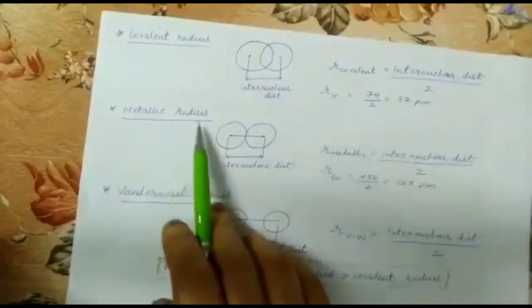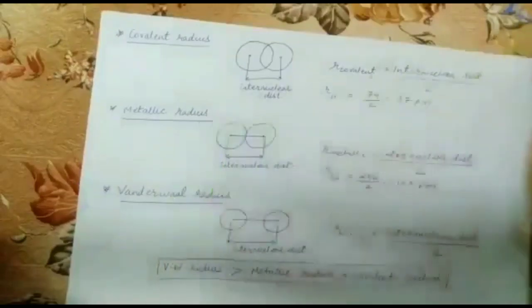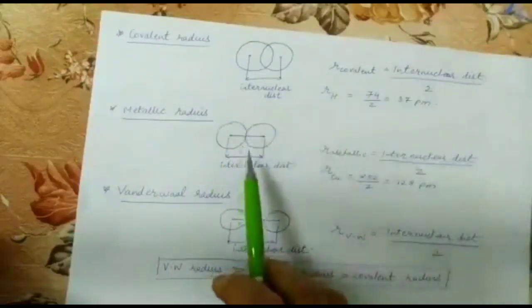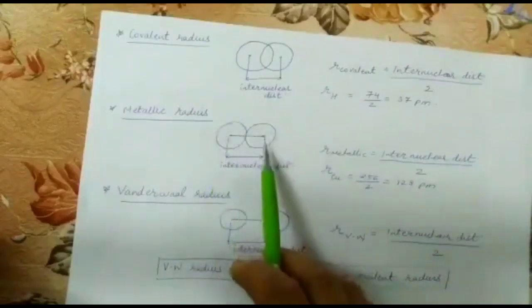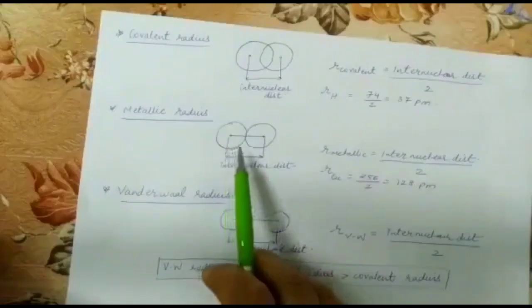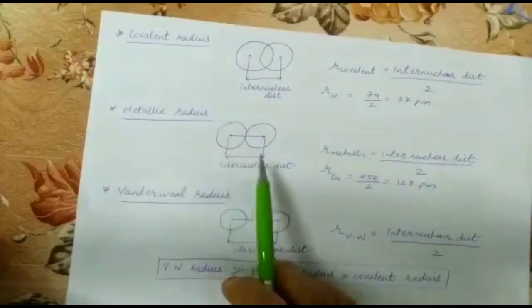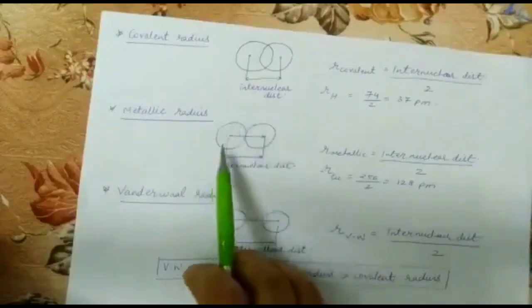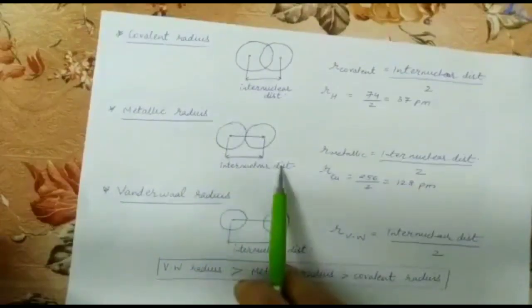The second is metallic radius. Metals have close packing of atoms, and this close packing of atoms is known as metallic lattice. The atoms are held together by metallic bonds. So you can see the diagram. These are two metal atoms. Again, this is the internuclear distance.